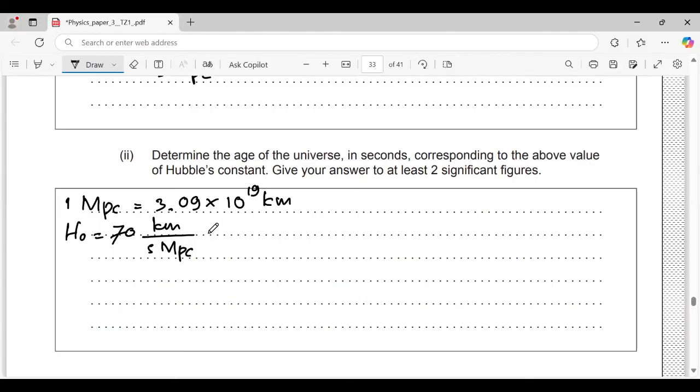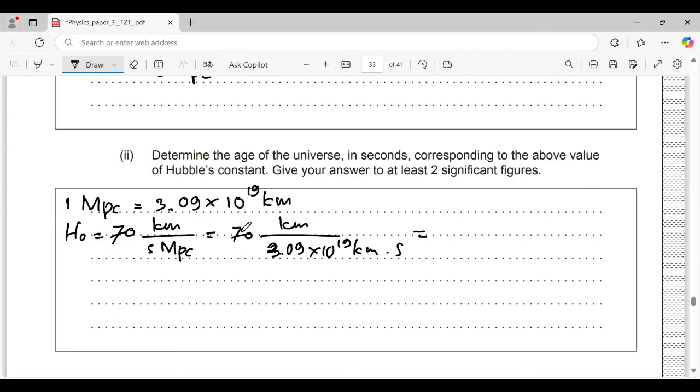So it becomes 70 kilometers over, since 1 Mpc is this one, 3.09 times 10 power 19 kilometers, per second.